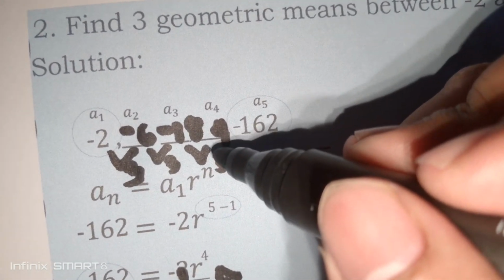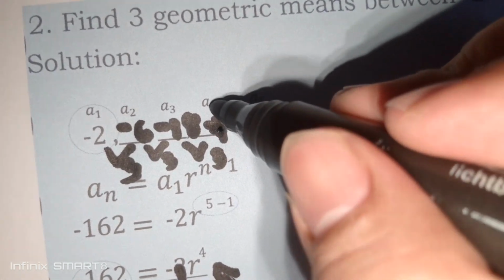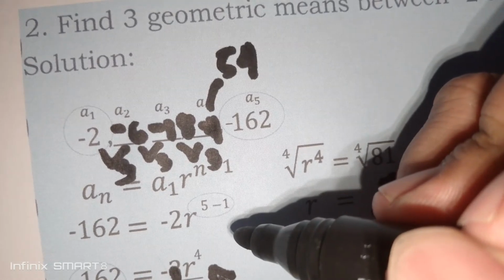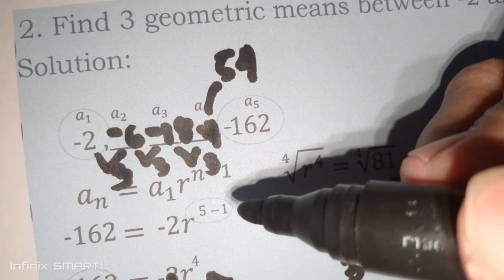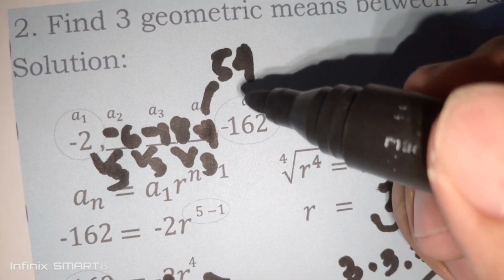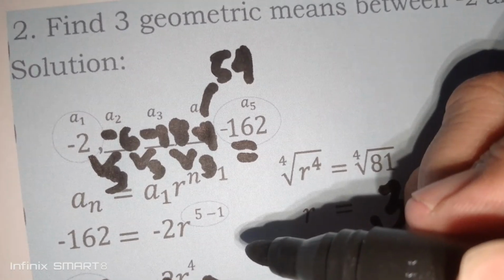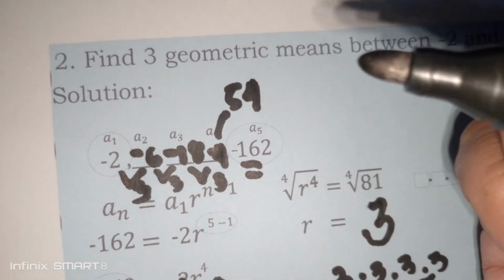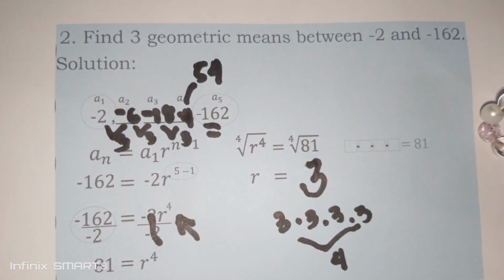After having negative 18, if you times that by 3, giving us negative 54, and negative 54 times 3, so the answer is negative 162. Okay, that's it.